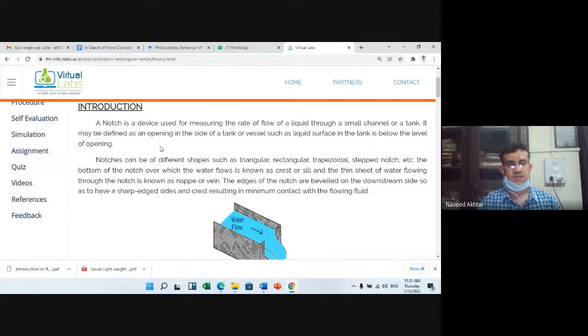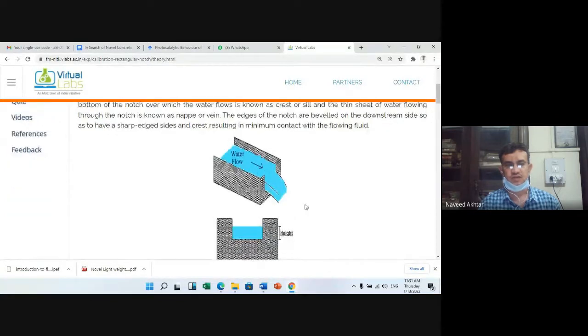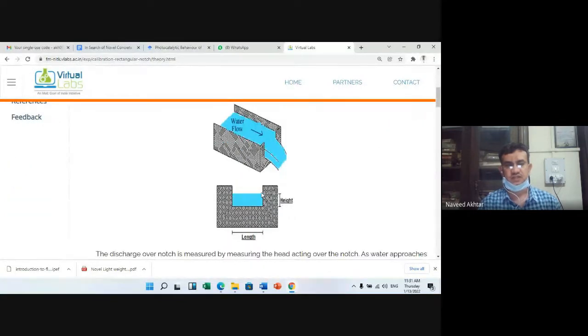It may be defined as an opening in the side of a tank, with the liquid surface above it. So you can say the height above the crest, the flow is there, and this is the length of your notch. So this is the rectangular notch, and this experiment we are performing to determine the coefficient of discharge for the rectangular notch.